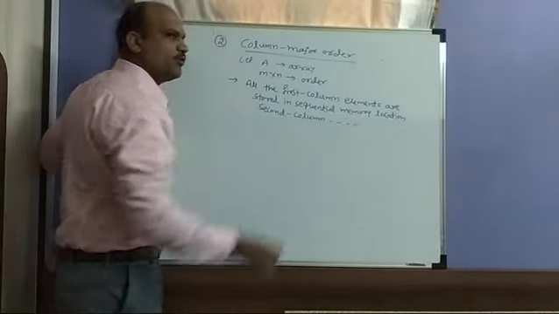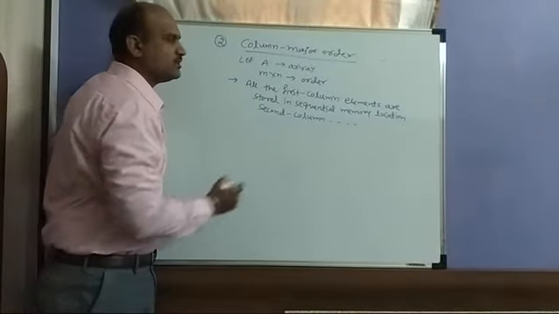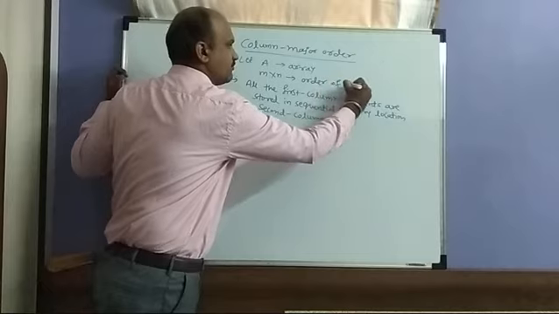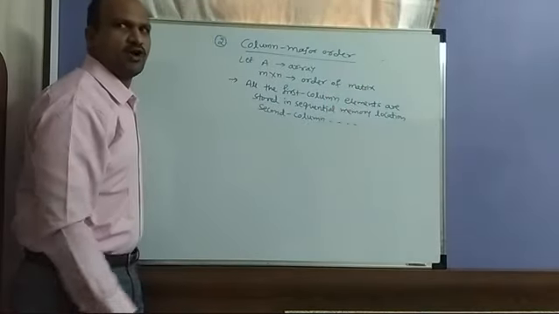Like this for however many columns you have in your M into N order. This is the order of the matrix, M rows and N columns.